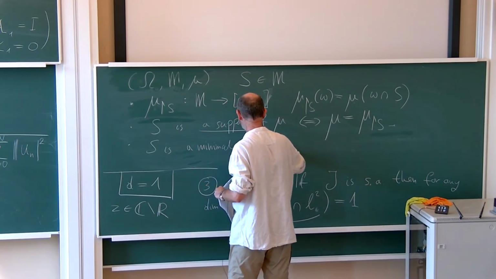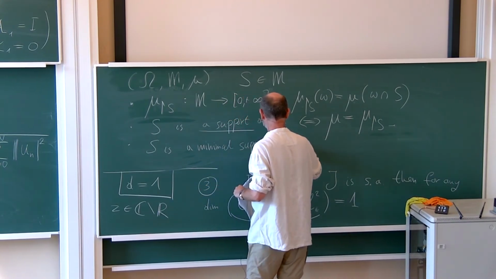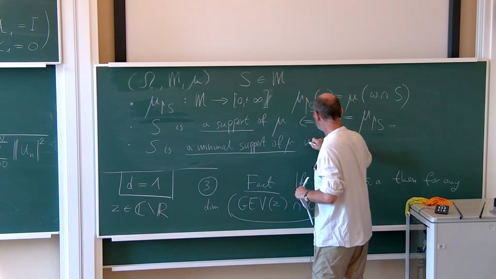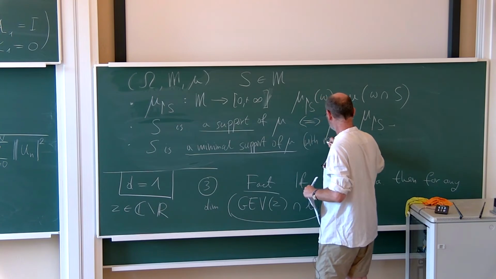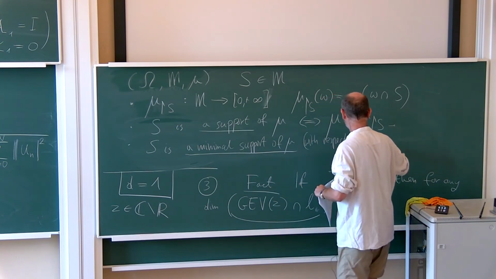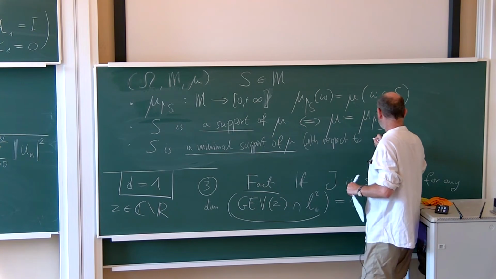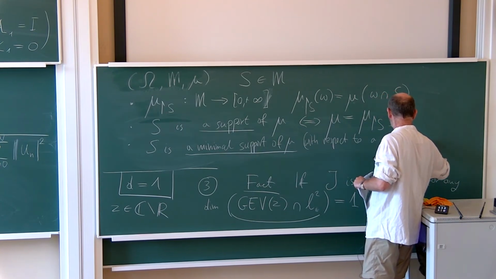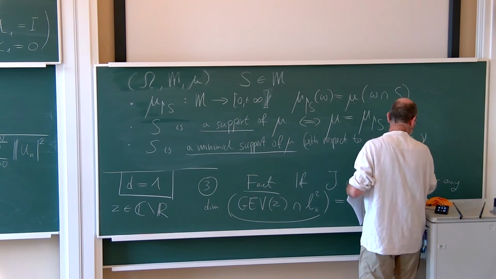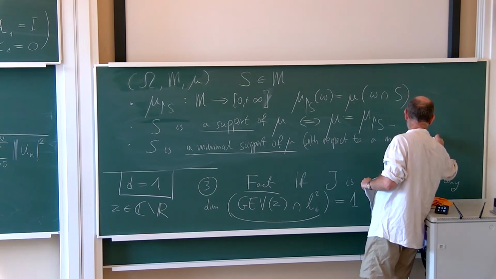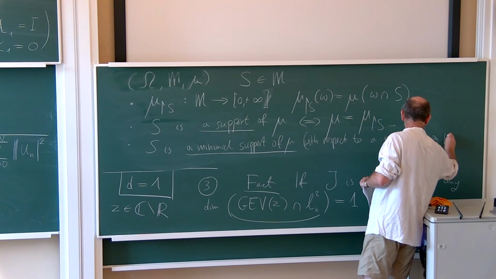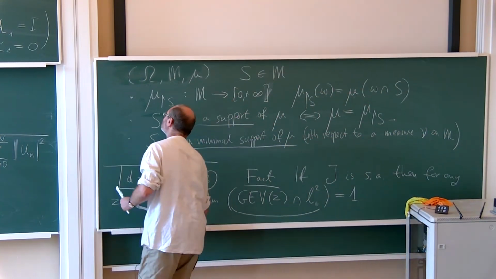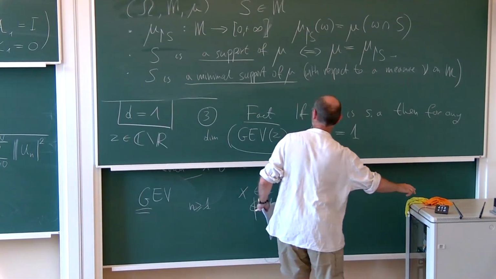Minimal support of mu with respect to another measure, on the same sigma algebra. What does it mean?